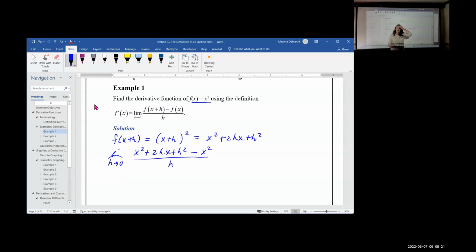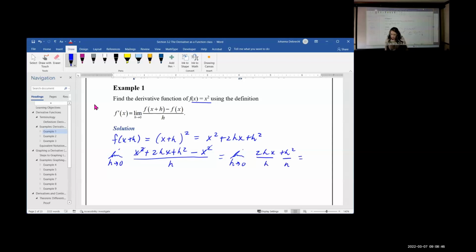This is basically the slope of the secant line, y1 minus y2 over x1 minus x2, where the difference in the x values is that h. The x squareds cancel. We get the limit as h goes to 0 of 2hx plus h squared. Then we can divide each one by h.